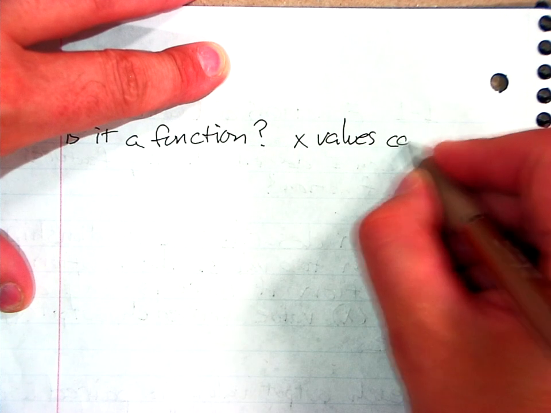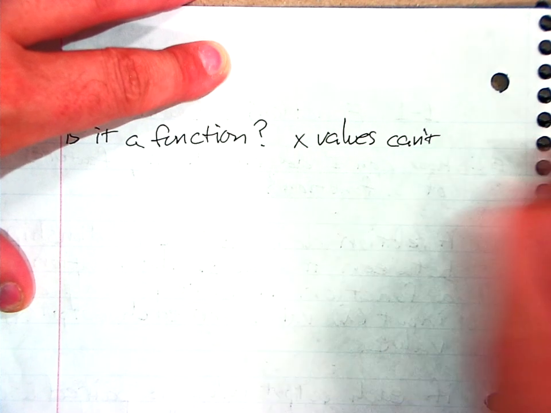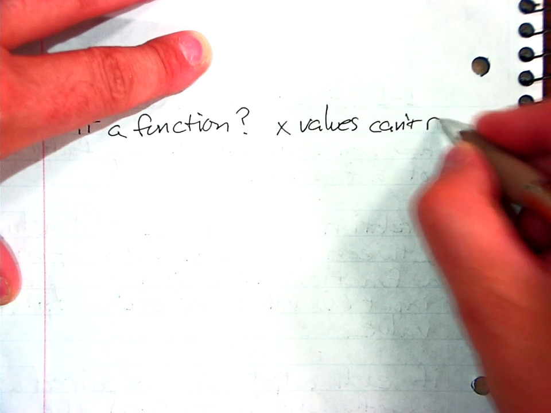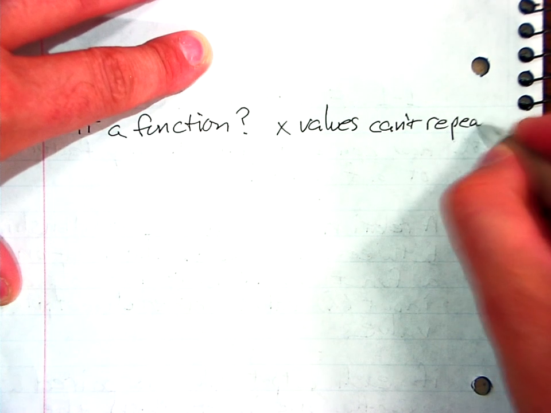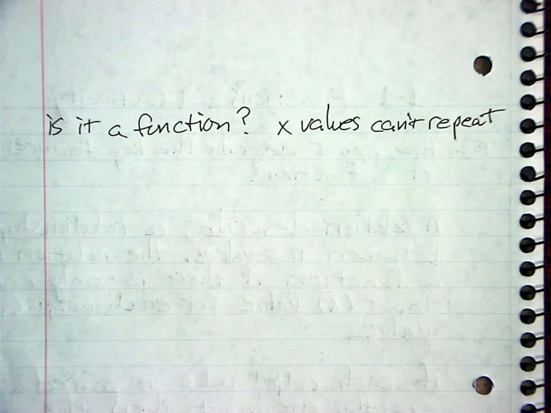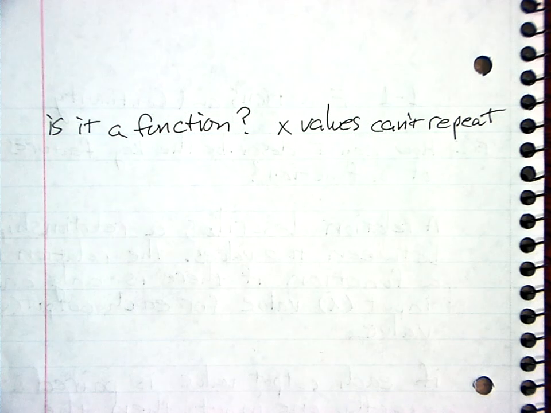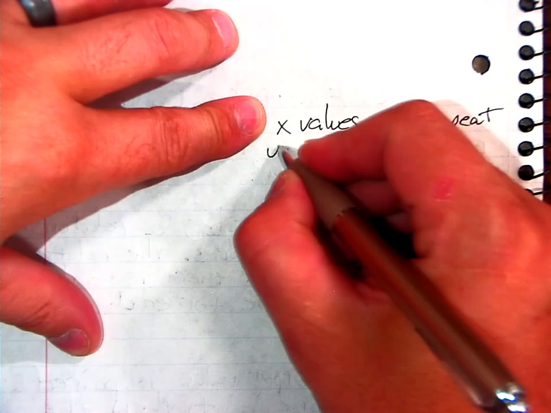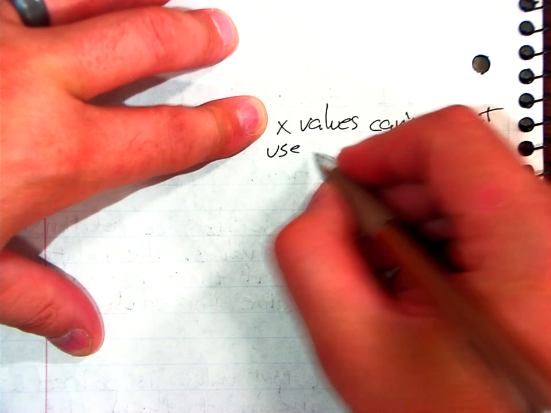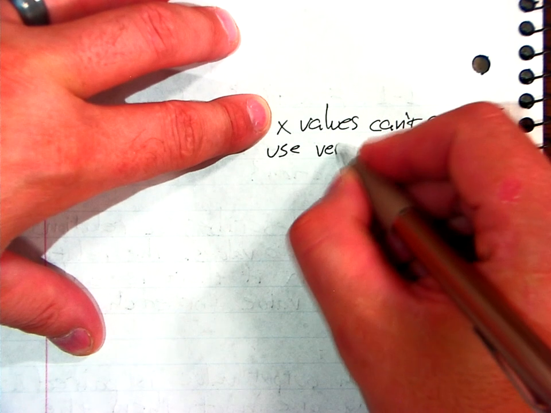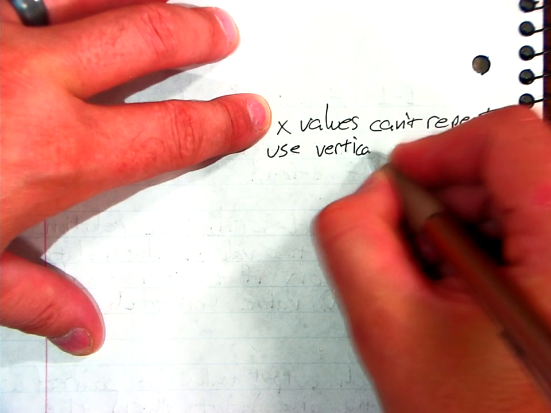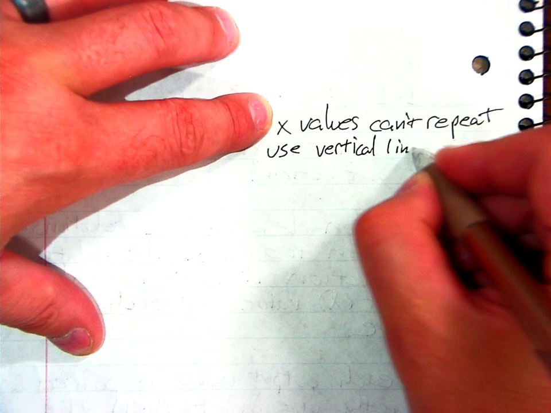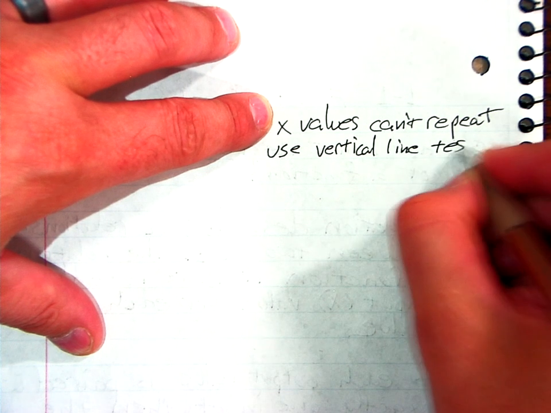My x values can't repeat. That's what we use if it is a function table. If it's a graph, we can use the vertical line test, which we're going to go more in depth in just a minute. Vertical line test.